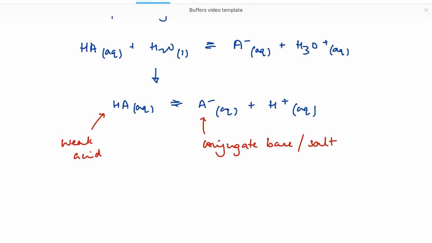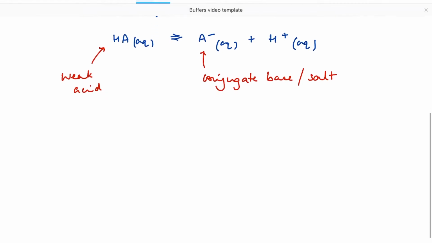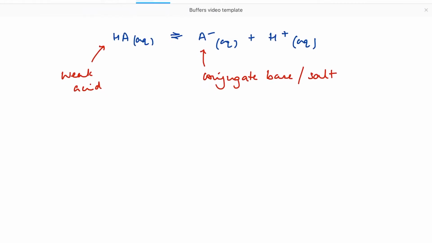So let's be really clear about that. If I were to write the expression for Ka for my weak acid, we can use this same expression in order to find the hydrogen ion concentration, hence the pH of a buffer.